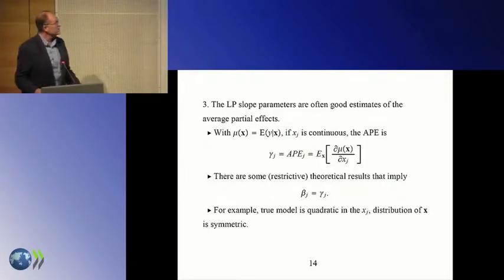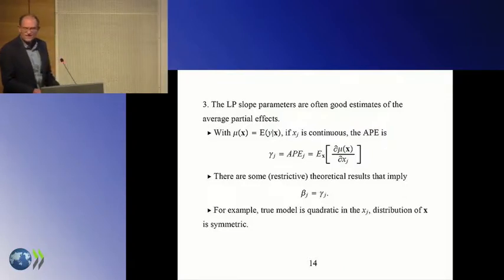And then this one is something that empirical people probably notice a fair amount. Again, this isn't universally true, but it's possible that by just putting in flexible functions of the x's and estimating the linear projection, you actually get good estimates of the so-called average partial effects. Some people like to call these average marginal effects, like Stata, for example.